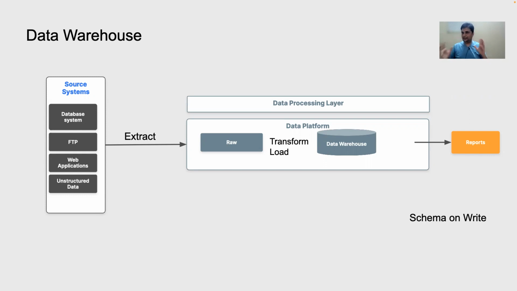You can think of a data warehouse as something like a DBMS, but not exactly an RDBMS, because it follows a different modeling technique called dimensional modeling, which we'll see in subsequent videos.